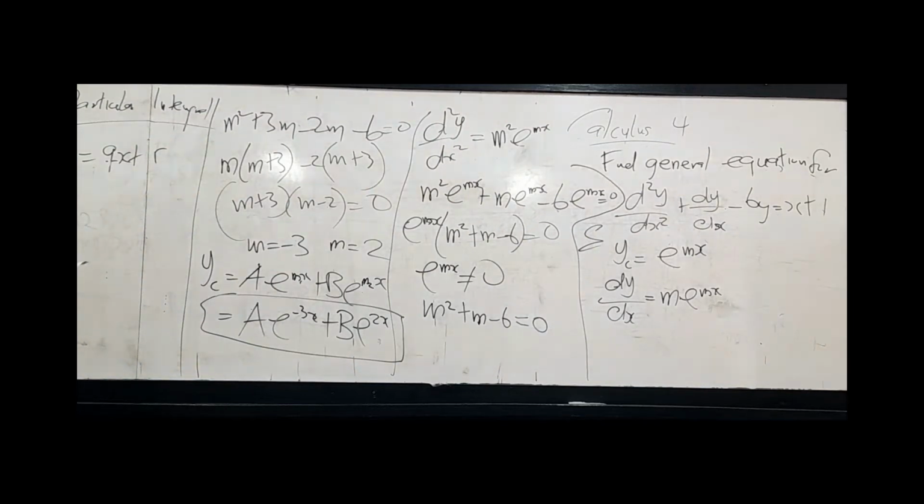Okay, q and r are constant. So over here, dy/dx is equal to q, because when you differentiate this you get q, since r is constant. But d squared y over dx squared is going to be 0.